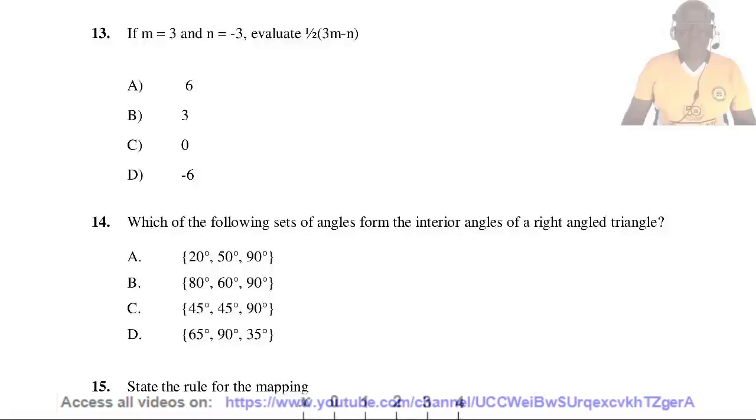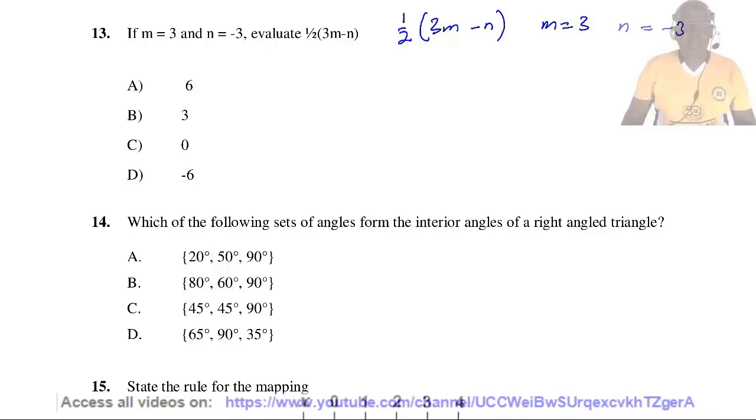Question 13. If m equals 3 and n equals minus 3, evaluate half times (3m minus n). We are to evaluate the expression half (3m minus n), where m equals 3 and n equals minus 3.